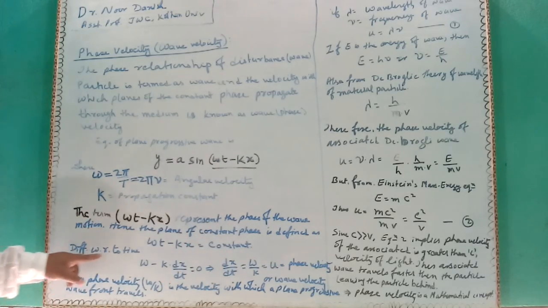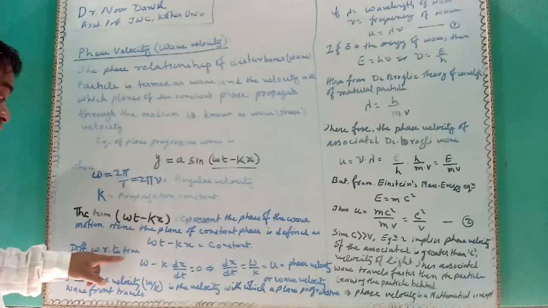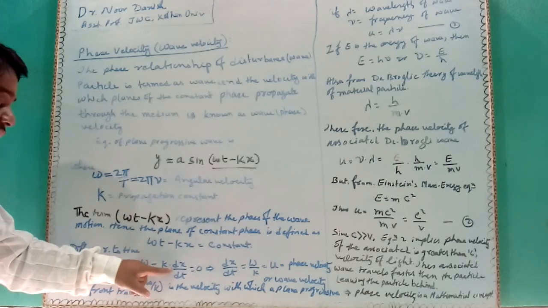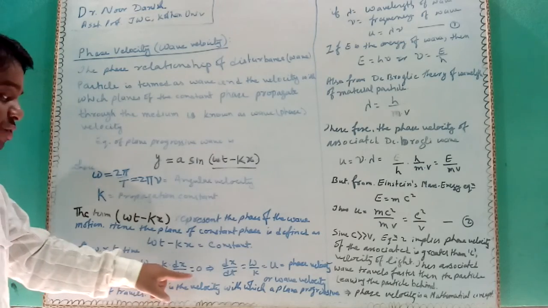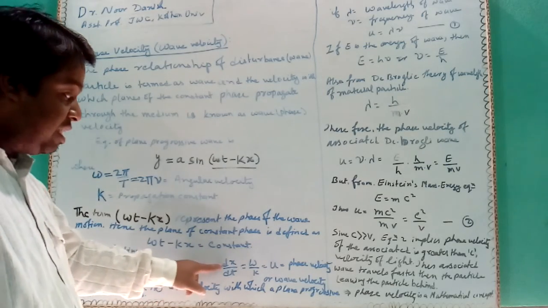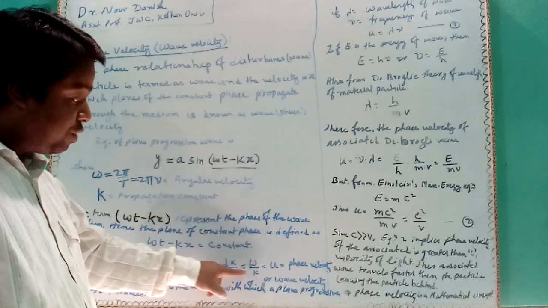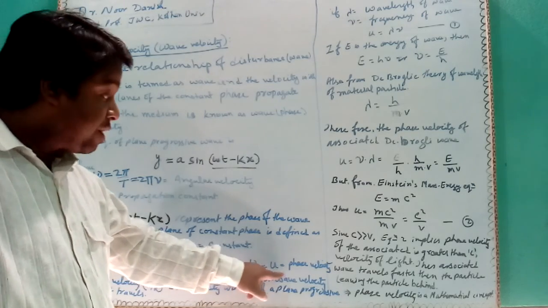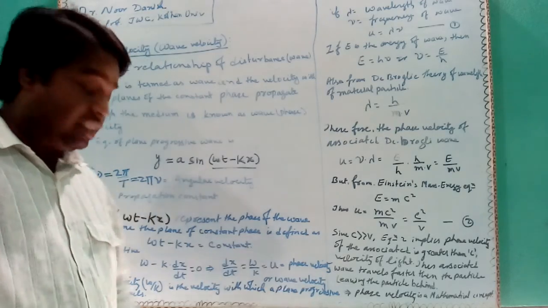Now differentiating this ωt − kx with respect to time, we get ω − k dx/dt = 0. This gives dx/dt = ω/k, which is represented by u, and which will be called phase velocity.